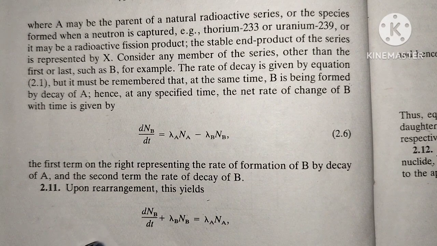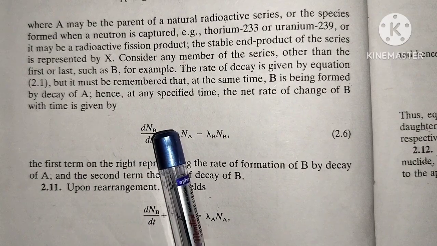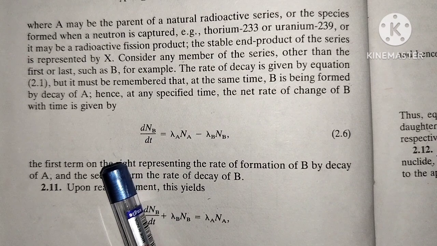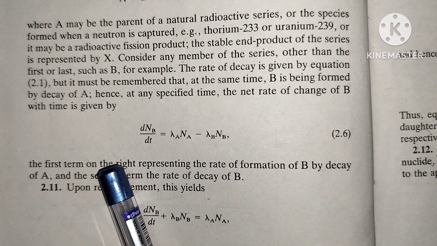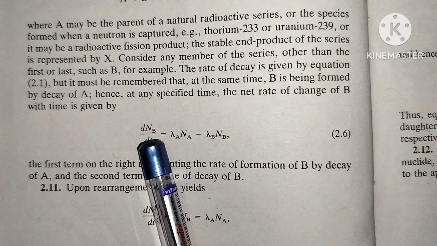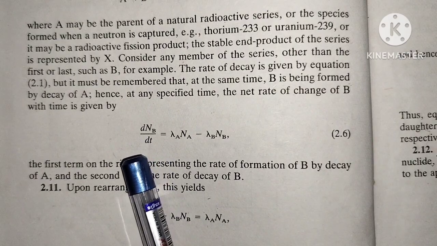Rate of change of the radioactive nuclide NB. Let NB be the number of radioactive nuclides of type B. B is a radioactive nuclide, so the number of radioactive nuclides is NB. How is it changing with time?